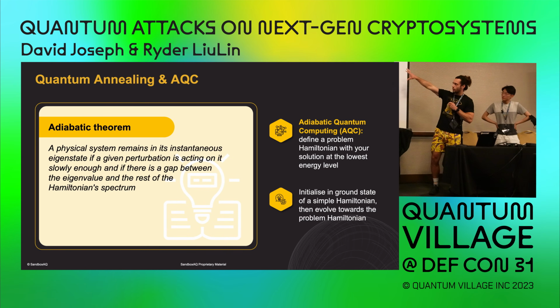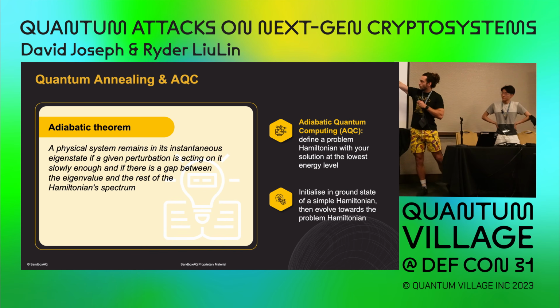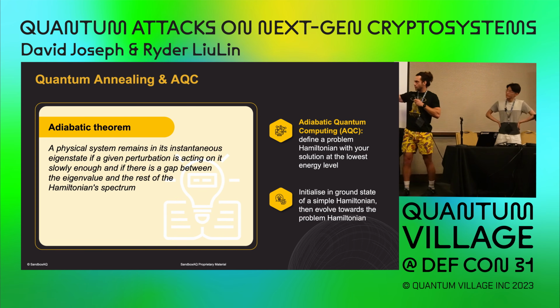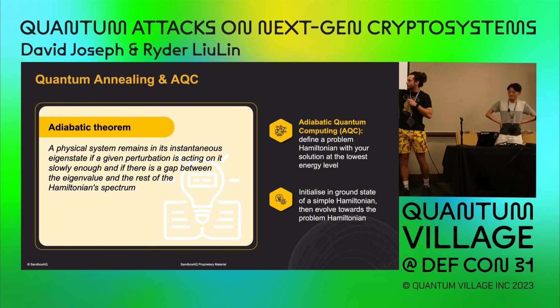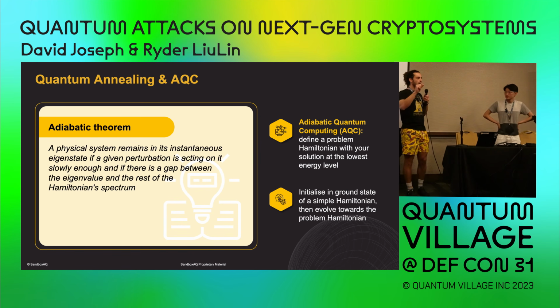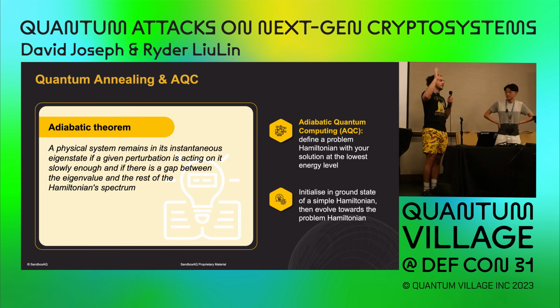So it starts off with what we call AQC, or adiabatic quantum computing, and the crux of it is this one theorem, which is that we have a physical system. It remains in its instantaneous eigenstate. That basically means that whatever its energy level, if it's an electron, it's going to jump or excite or de-excite, if it is evolved under some Hamiltonian according to the Schrodinger equation super slowly, right?